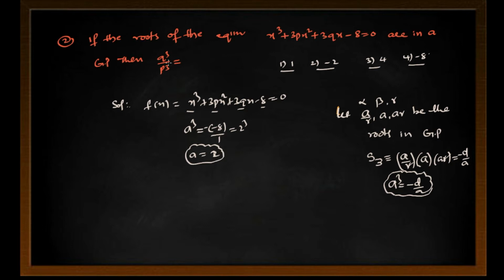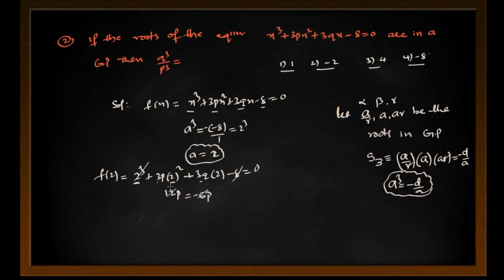Now we have to find q cube by p cube. Now a equals 2, substitute in f of x, then f of 2 becomes 2 cube plus 3p into 2 square plus 3q into 2 minus 8 equals 0. 2 cube is 8, this 8 and this 8 get cancelled. So 2 square is 4, 4 threes are 12p, and 3 twos are 6q.